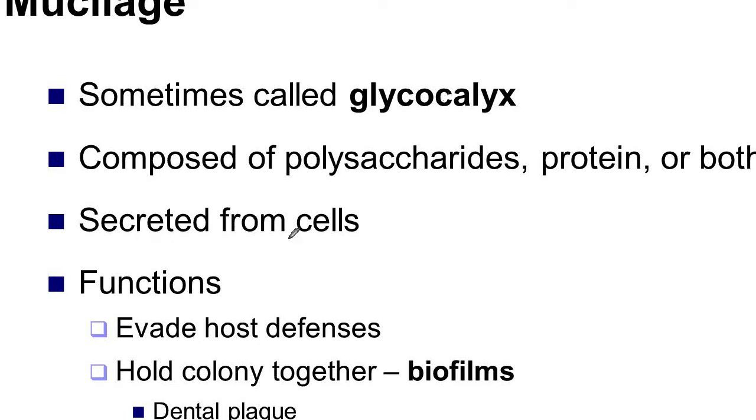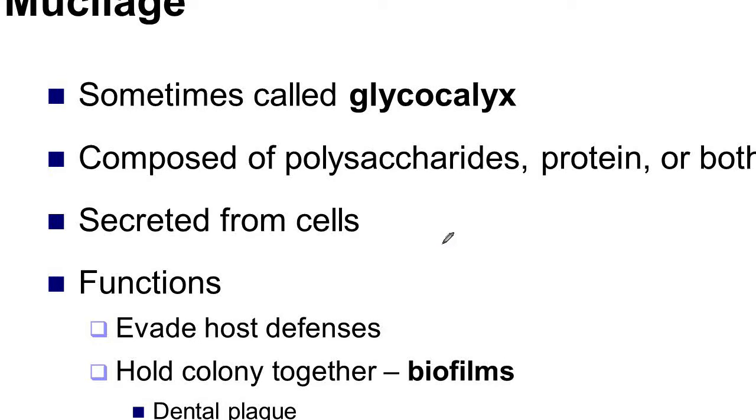Now the mucilage is actually secreted from the bacterial cells. It's not directly a part of the cell. This is a cell product. Now the big question is, why do bacteria produce this mucilage, this mucus-like substance? Well, you can imagine it's used to evade host defenses.